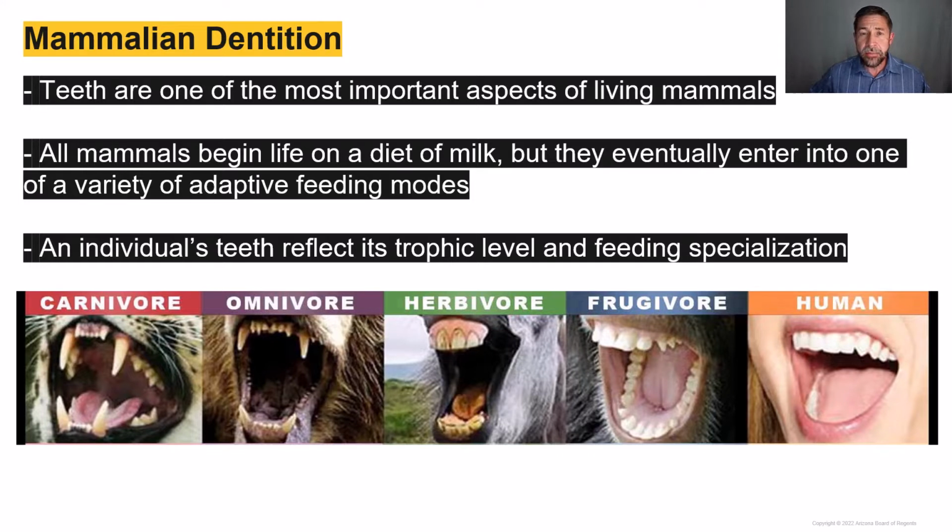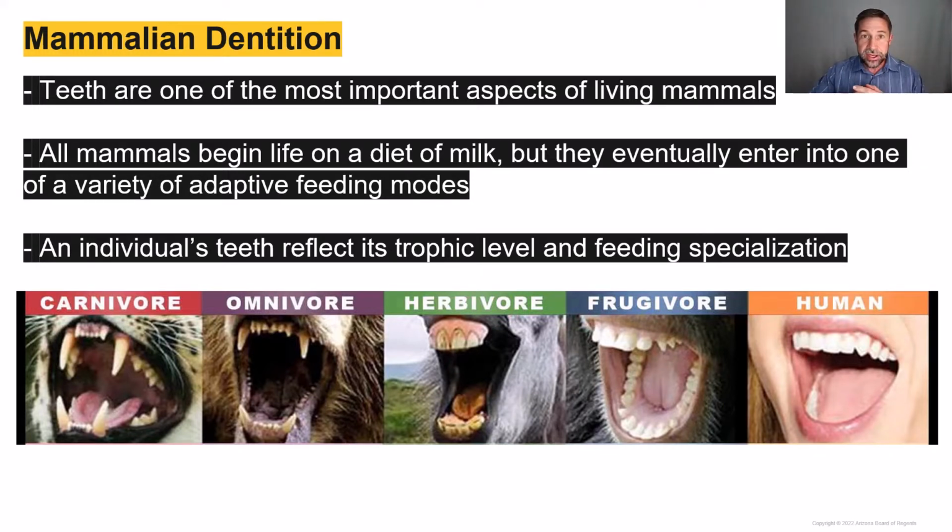Although all mammals are going to start out their lives solely drinking milk, upon weaning, they're going to enter into one of numerous adaptive feeding modes. And we're going to take a deep dive into modes of feeding in Module 6, Week 6.